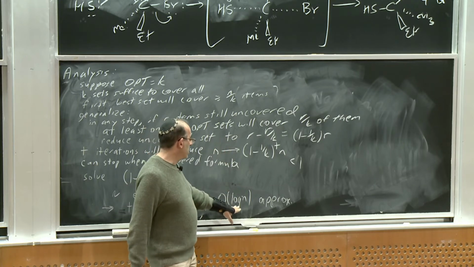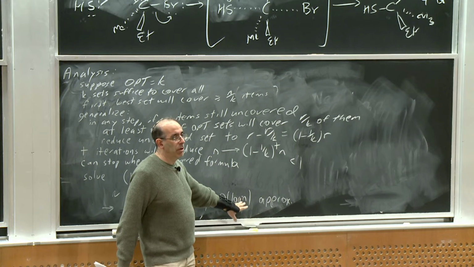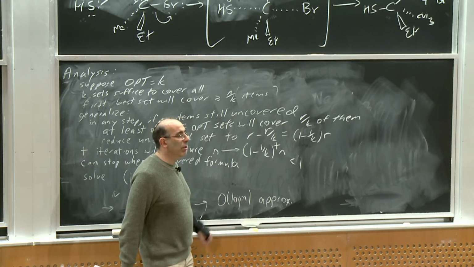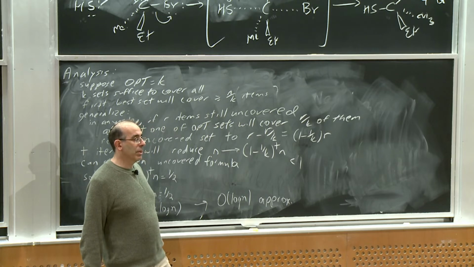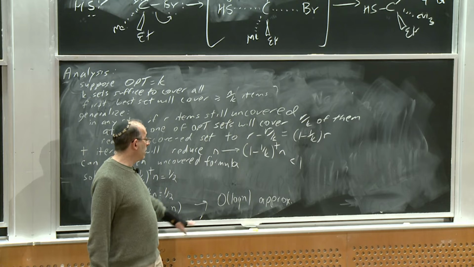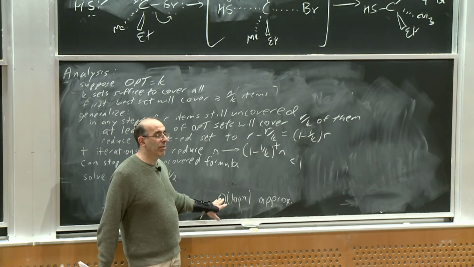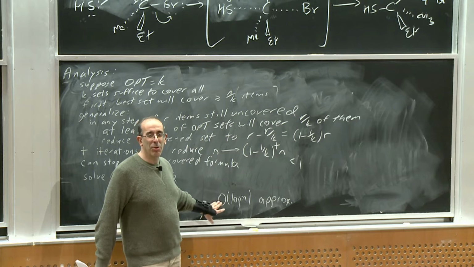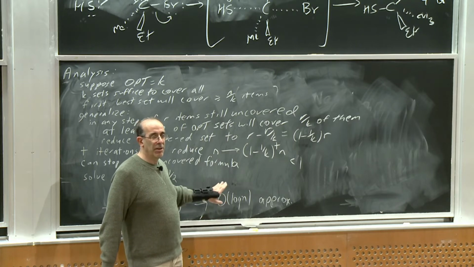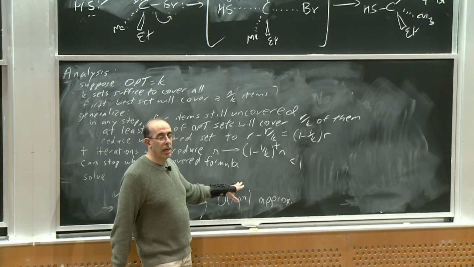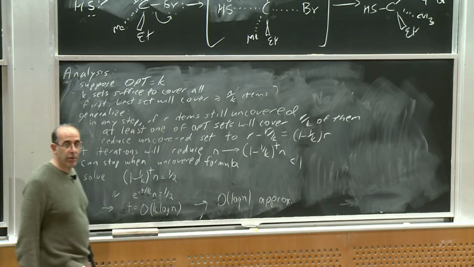I'm not specifying what the base is, but there's some base where you can achieve an approximation of that base. But notice that this O is universal. I'm not saying that there's a different constant factor for each problem. That would not be an appropriate use of O. I'm saying that there is a constant factor c so that you can always get c log n for any instance of set cover.